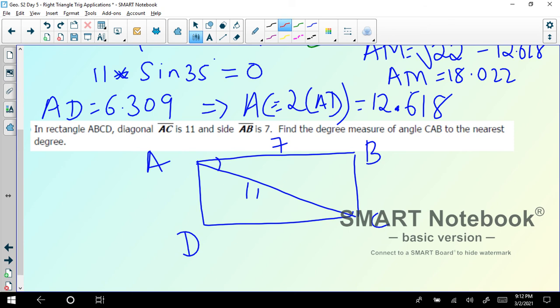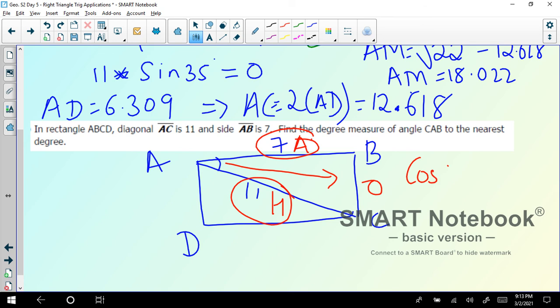It's very easy. With reference to this particular angle A, this is the opposite side, this is the hypotenuse, and this is the adjacent. So whenever adjacent and the hypotenuse are involved, you use cos. So cos of A equals 7 over 11 and A equals cos inverse of 7 over 11.